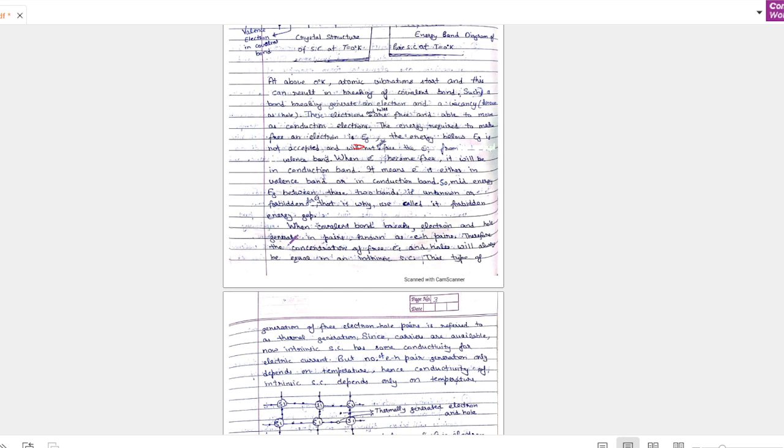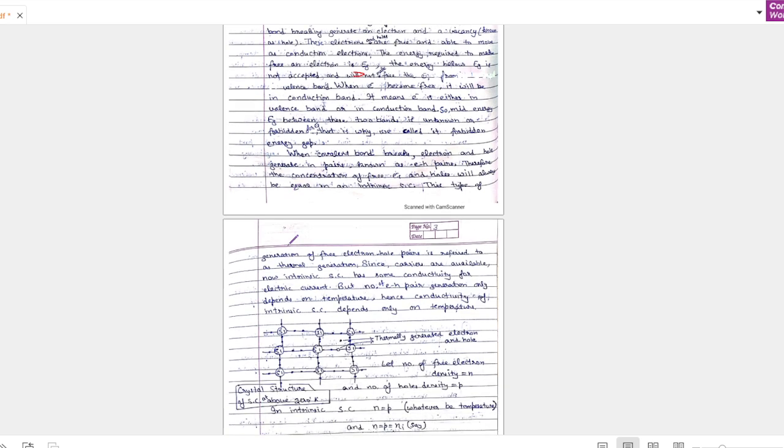Therefore, the number of free electrons and holes will always be equal in an intrinsic semiconductor. That means the number of electrons will always equal the number of holes, because if a bond breaks it produces two things, a hole and an electron. And if n bonds break, there are n holes and n electrons.